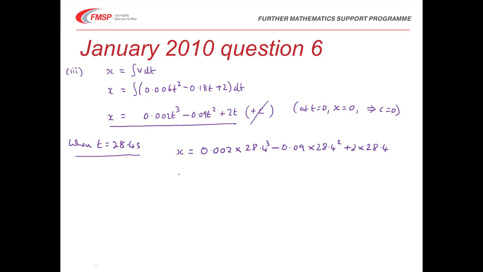Definitely going to reach for the calculator for this one, and we find x equals 30.022208. In other words, x is 30.0 meters to 3 significant figures, and I guess that means we're talking about a 30-meter pool.